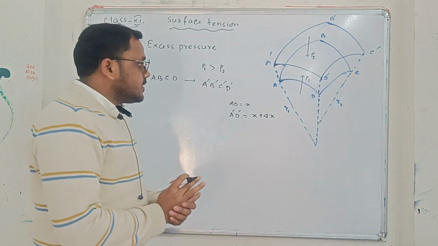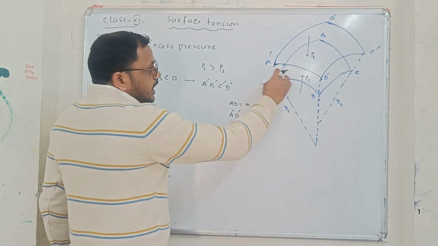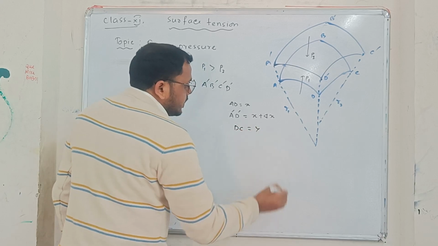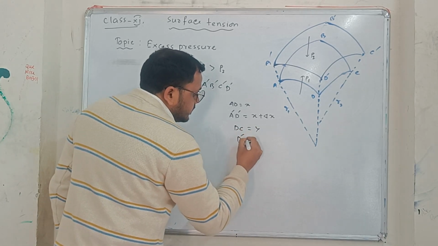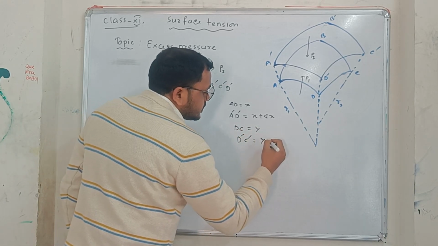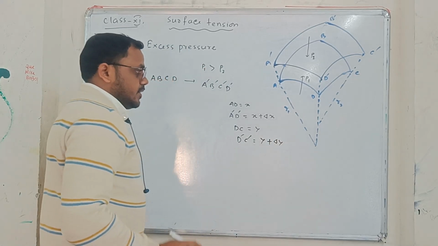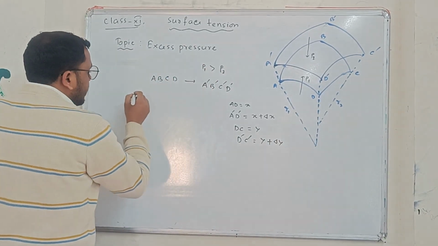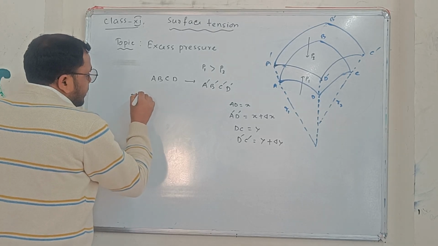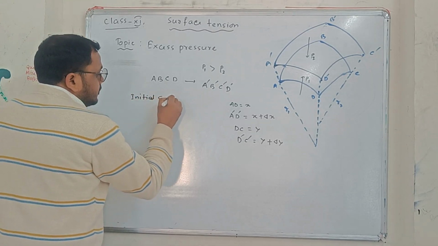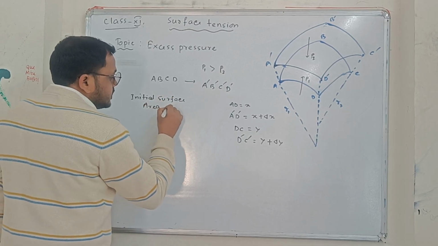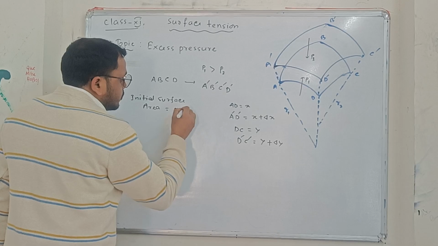Clear? Next, this is the length and the breadth. Initially the breadth DC is y, and after that the breadth D dash C dash becomes y plus del y. So the initial surface area of the thin film is x into y.